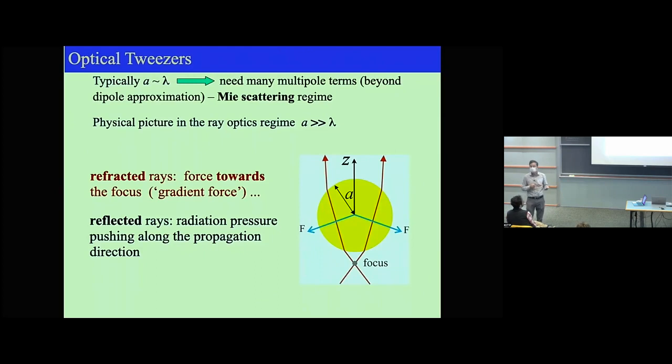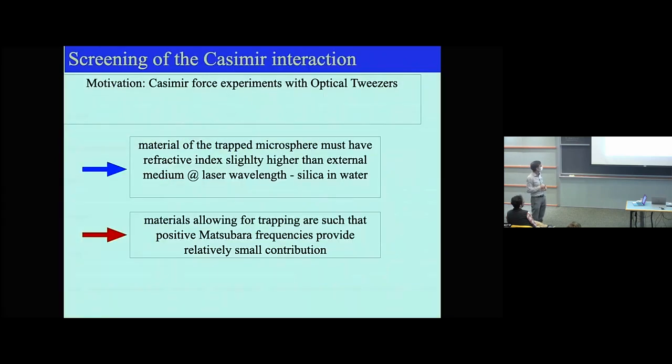So that means that this particle has to have very small reflection coefficients, if I think in terms of ray optics, a dielectric constant higher than the environment, but not much, slightly higher. This is precisely the condition that I need to have a situation where the positive Matsubara frequencies are small, right?